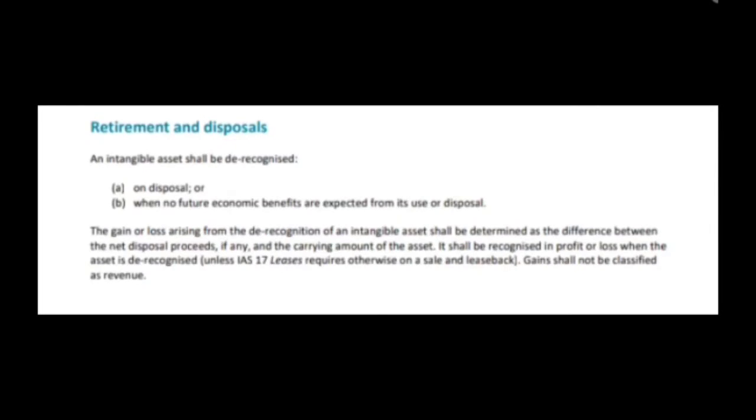It shall be recognized in profit and loss when the asset is derecognized, and the gain shall not be classified as revenue. It shall only be considered a gain on disposal of an intangible asset and not revenue.